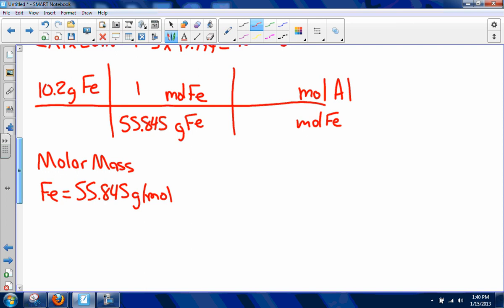What's the coefficient in front of the Fe? Was it a 4? It was a 9. And what's the coefficient in front of the aluminum? All right. Going to multiply straight across on top.